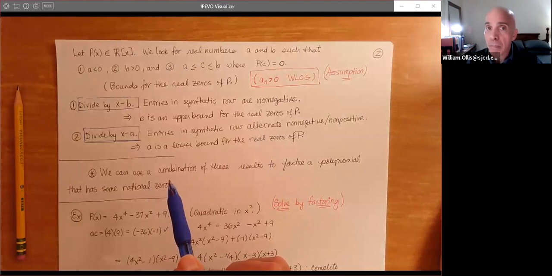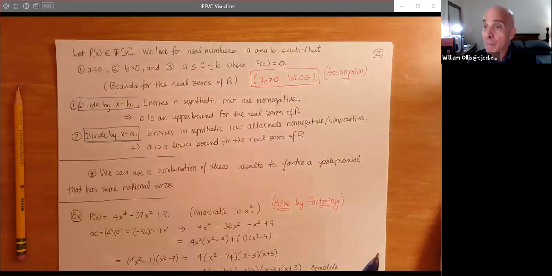So you might be able to say you already know the real zeros and you execute this and you don't get that non-negative row. But like I was saying before, this theorem is not very, very, very precise in the sense that it's not going to give you a least upper bound.